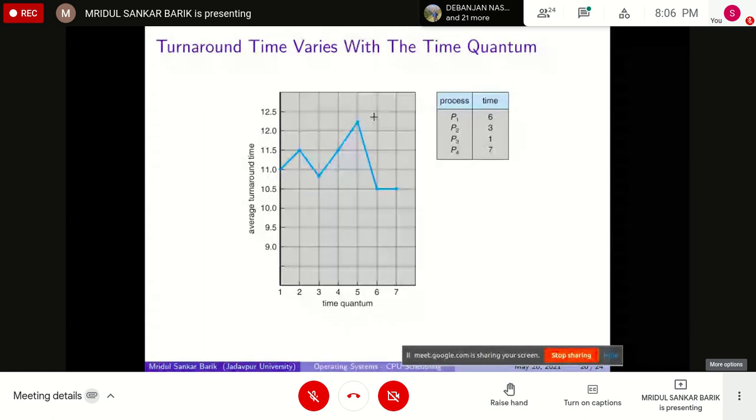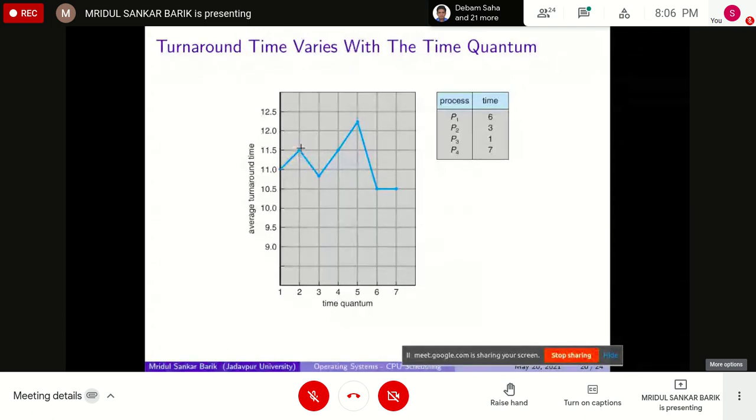It increases from 1 to 2, then again decreases, then increases when the time quanta increases from 3 to 5, and then again decreases. Okay, and from 6 to 7 there is no such change. So the average turnaround time depends on the given set of processes. For this given set of 4 processes, the average turnaround time has been such.